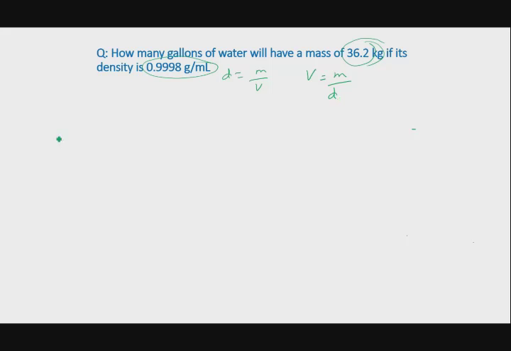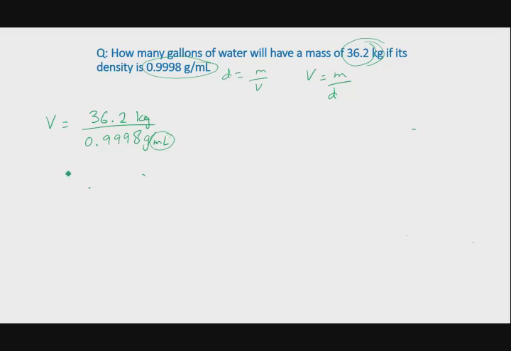Okay, so in this case, volume will be calculated by dividing the mass 36.2 kilograms by the density. Density is given as 0.9998. Now please notice how I'm going to write grams per ml. Now this is a denominator of a denominator.